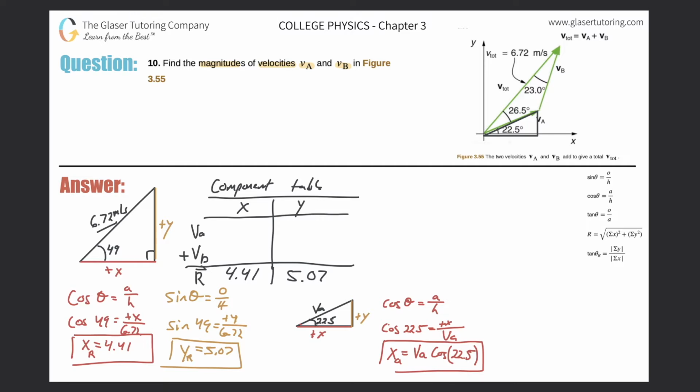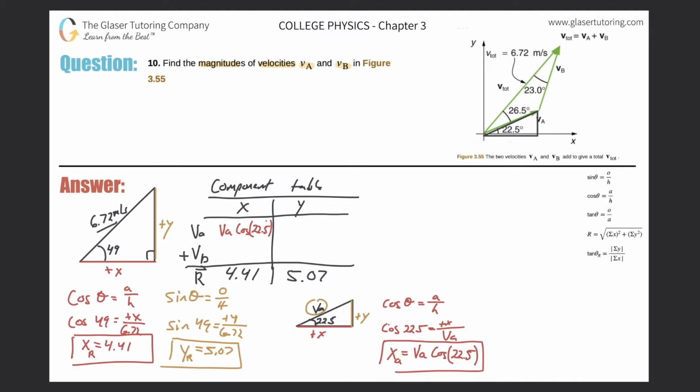Well, yeah, we actually could. So let's go to the component table, find the X component, find VA, and now let's plug in our answer right here in the component table. So it was VA cosine of 22.5.